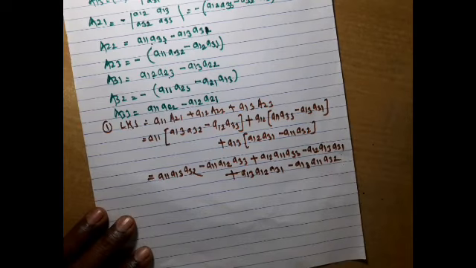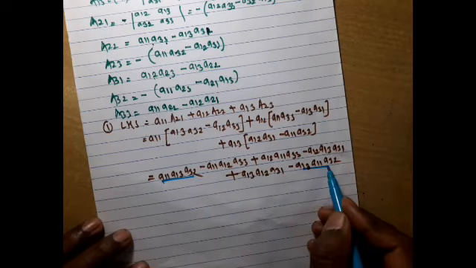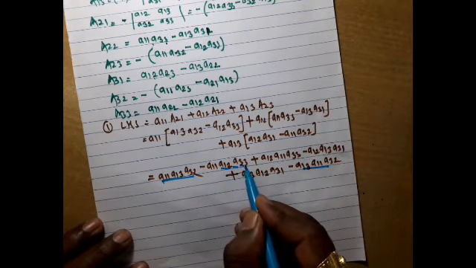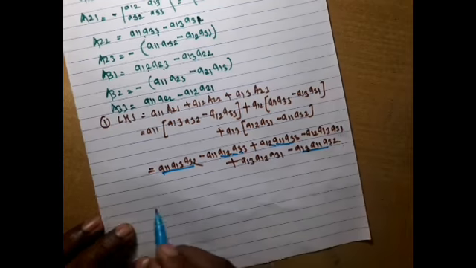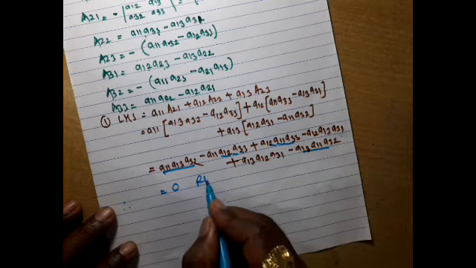Now some terms cancel. See, this term and this term cancel. The second term and third term cancel, the remaining two terms cancel, and therefore this is equal to 0, that is the RHS.